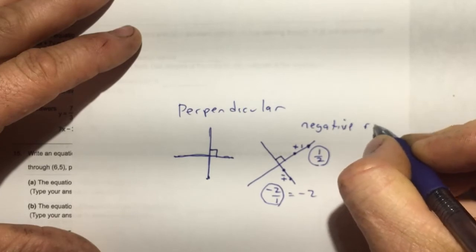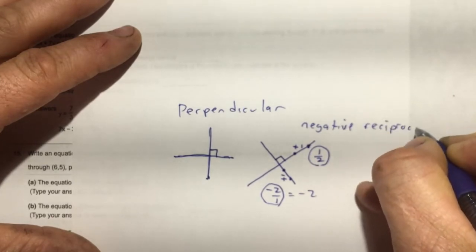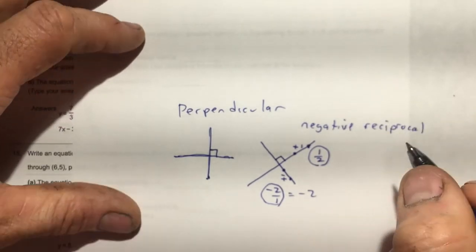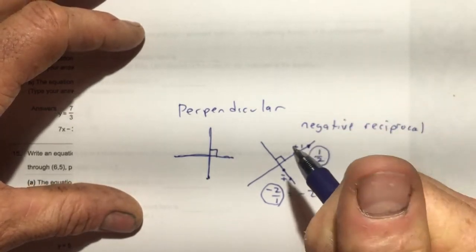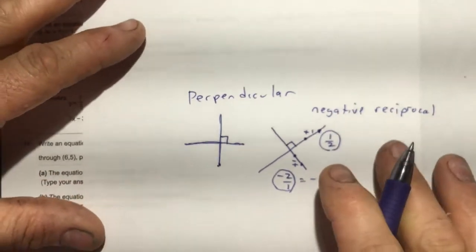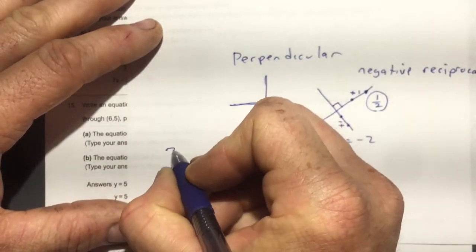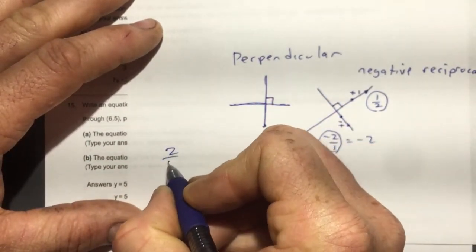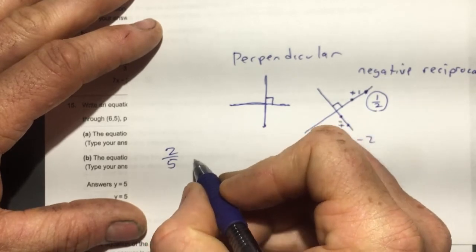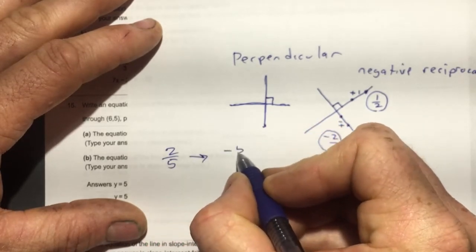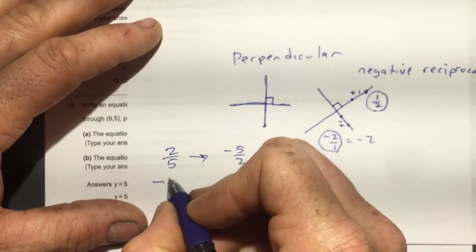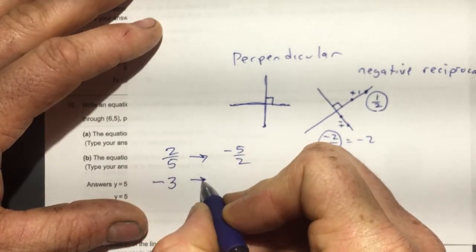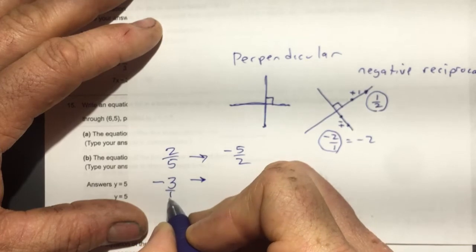Negative reciprocals. Reciprocals mean you just flip them, and negative means they're opposites. So here's a few examples. Like if I have 2/5, perpendicular to that would be -5/2. If I have -3, perpendicular to that, well, that's -3/1.